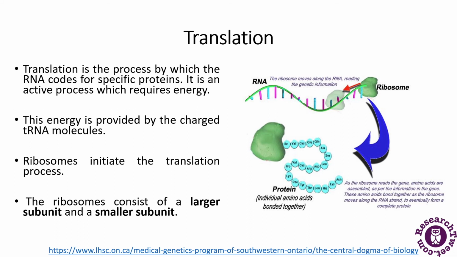The mRNA enters the smaller subunit, which is then held by the tRNA. tRNA is the transfer RNA molecule with the complementary codon, present in the larger subunit. So there are two subunits: the larger subunit and the smaller subunit.